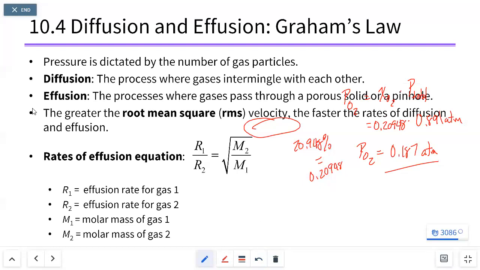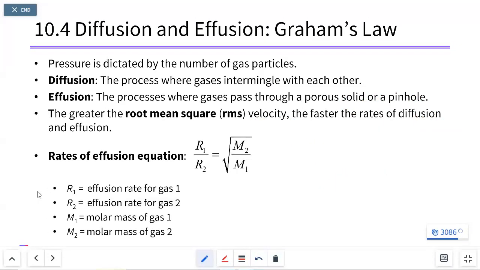All right, so there are two other concepts. Well, there are two small concepts and then one big one. The first small concept is related to something we saw the first day we looked at gases. If you remember back to last Monday, we talked about the concept of root mean square velocity. That is the relationship between a gas's speed at which it moves and its molar mass.